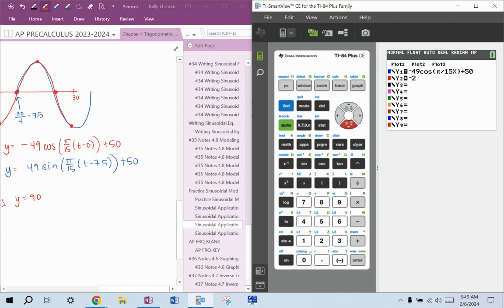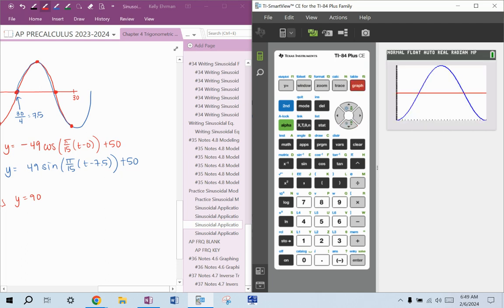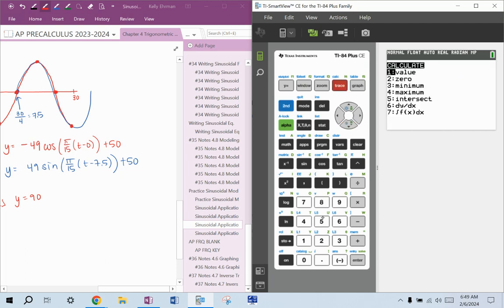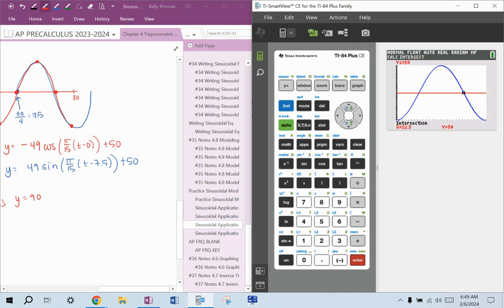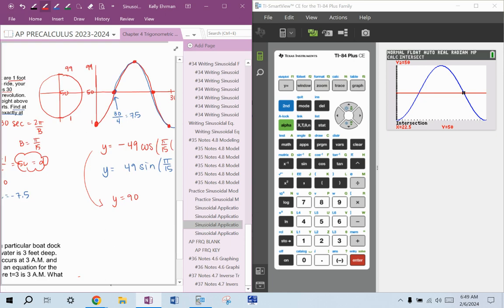We're setting this equal to 50, and we need to make window adjustments here. The x goes from 0 to 30, and the y's go from 1 to 50. No, 1 to 99. And then you just press graph. Find these two times. Oh, I found the one on the right for me. 22.5.